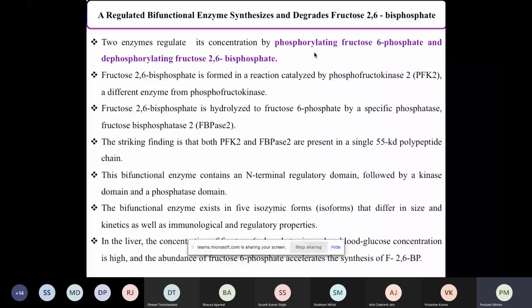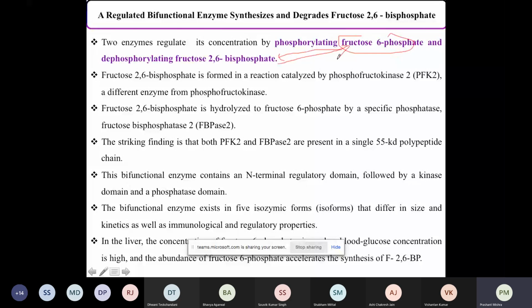So what will be happening? There are two enzymes. One enzyme phosphorylates fructose 6-phosphate to fructose 2,6-bisphosphate, and another enzyme will convert this fructose 2,6-bisphosphate back. So one enzyme will convert this into this molecule, and another enzyme will convert this molecule into this molecule.